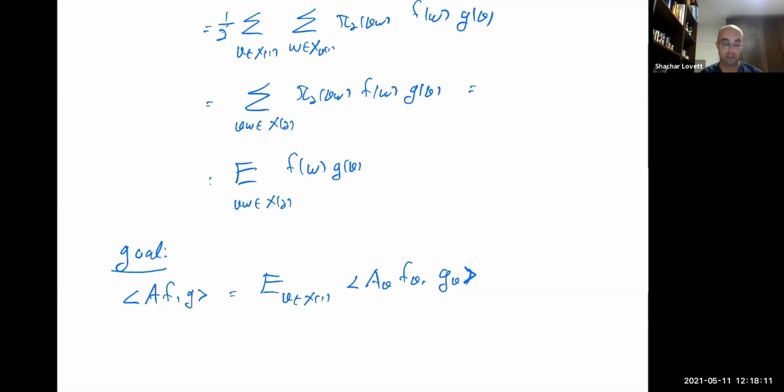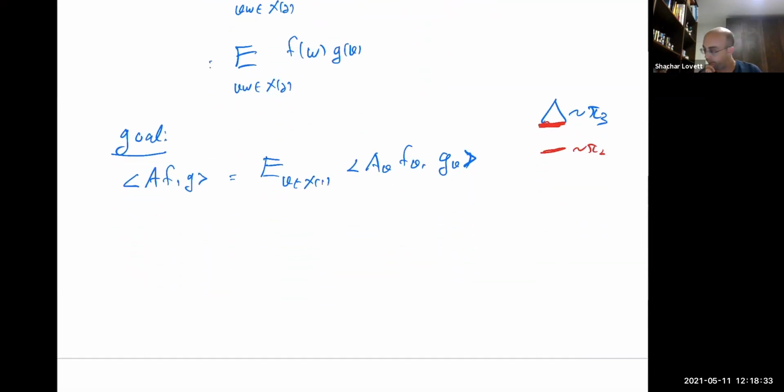So I want to say that if I choose a triangle from pi 3, and then I choose one of its edges randomly, then this is going to be distributed like pi 2. That's because this is exactly the way we define our distributions, the way they trickle down from the top level to the bottom level.